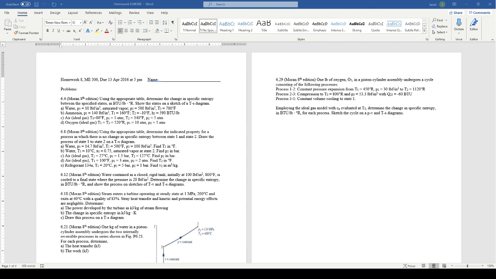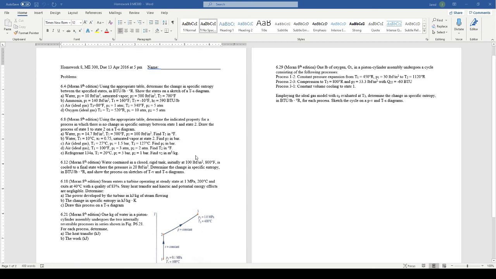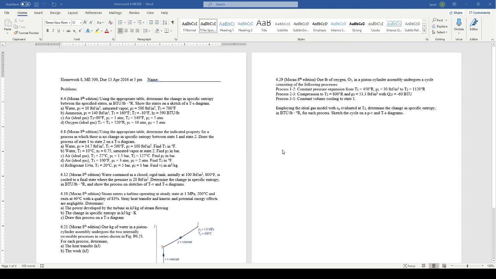So question 2 is saying, determine the indicated property for a process in which there is no change in specific entropy. So when you find the first entropy, you have found the second one. Make sure you do that, or else this question will drive you mad. And then the rest of these things, just find the change in specific entropy. Besides that, nothing much more to go on here. If there are any questions, I hope you guys will let me know. But besides that, I think we are good.